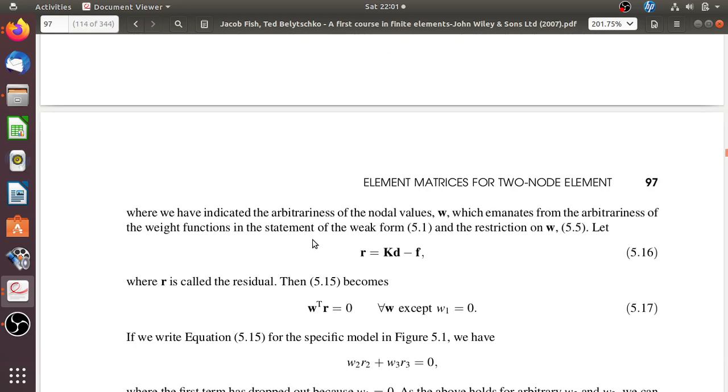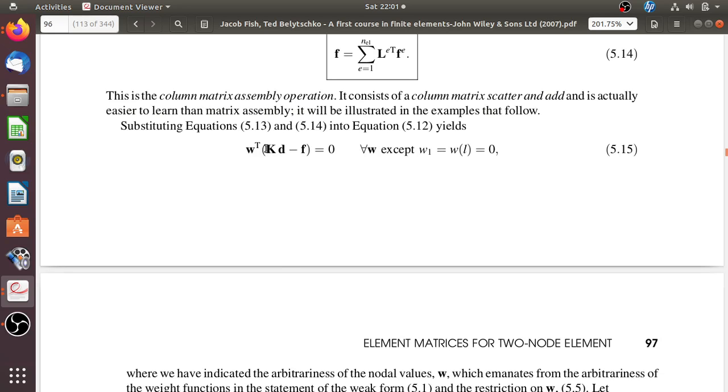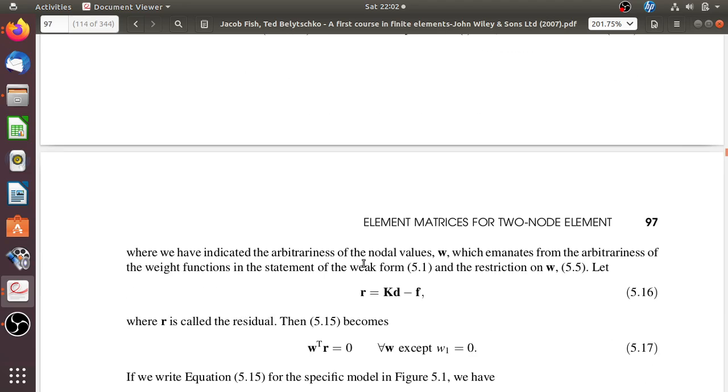Now the problem in solving that equation is this: it is a system of linear equations, right, and I have to solve it. But d is the nodal values of u and f is the force vector.